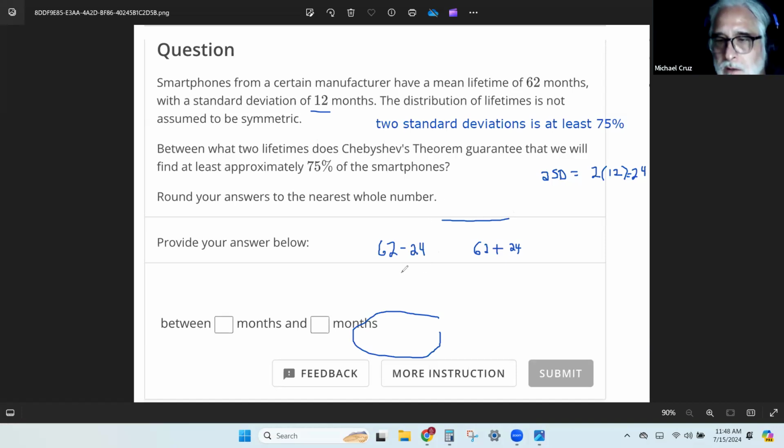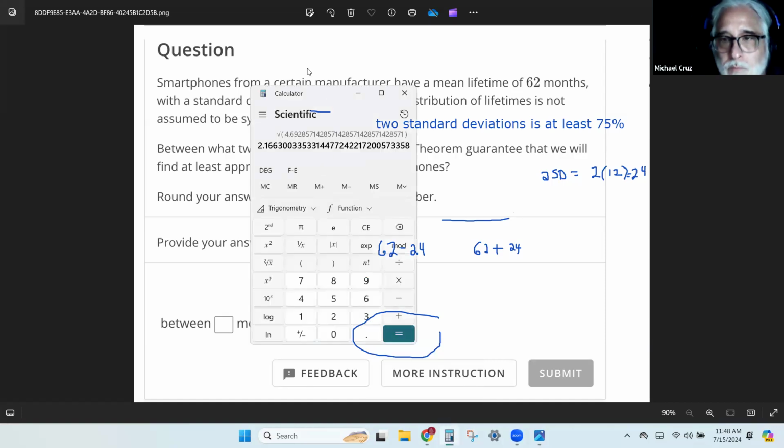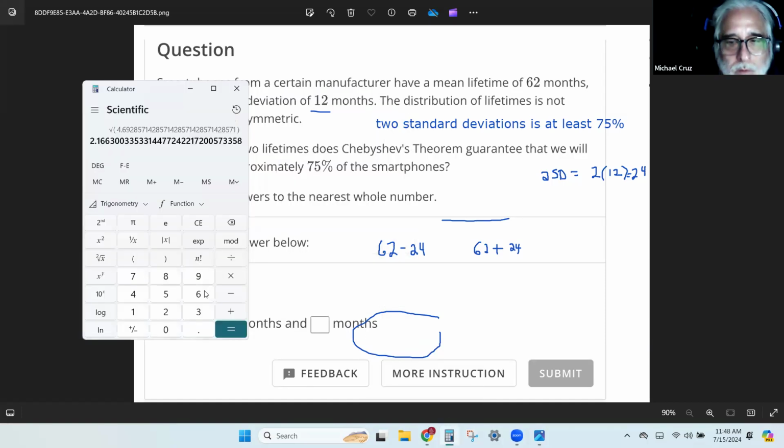So then what are these going to be? So there's the left-hand one.